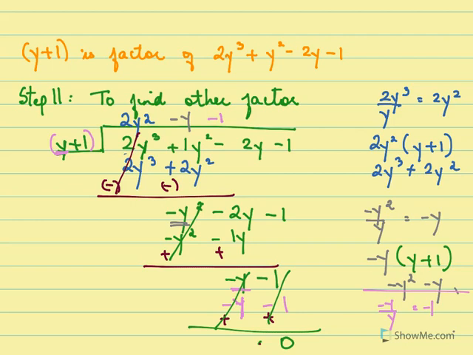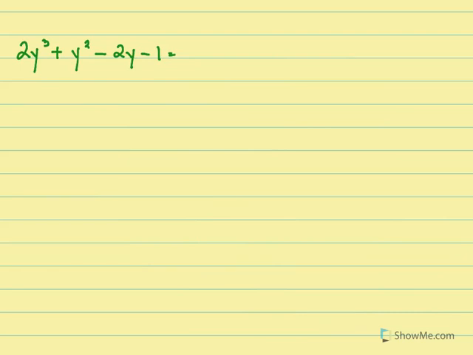The remainder has to be 0 because we know y plus 1 is a factor. So we know 2y cubed plus y square minus 2y minus 1 is equal to y plus 1, one factor, and the other factor is 2y square minus y minus 1. So this is y plus 1.